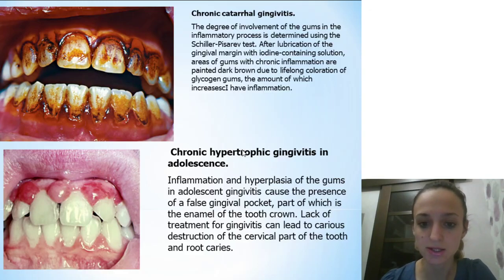The next case is chronic hypertrophic gingivitis in adolescence. Inflammation and hyperplasia of the gums in adolescence cause the presence of a false gingival pocket.